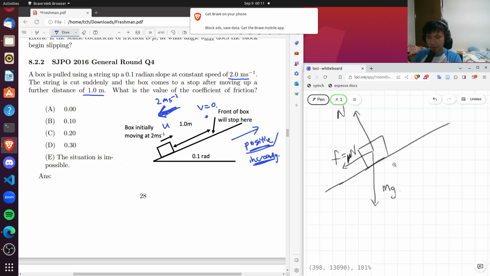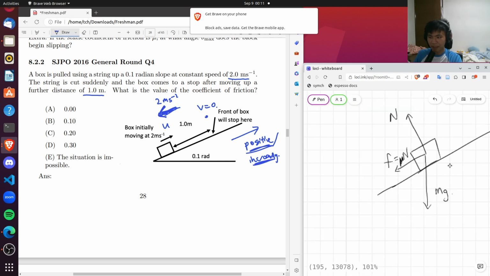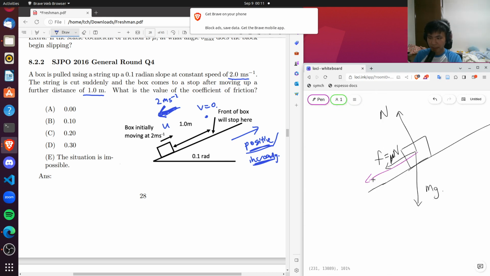Okay, so you can see that if we sum up these three vectors, we get a net force in the downward direction, and we're going to find what this net force is.